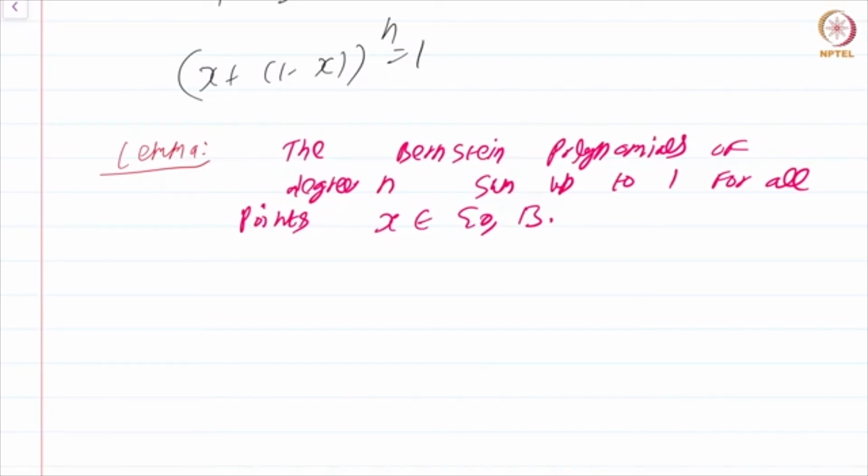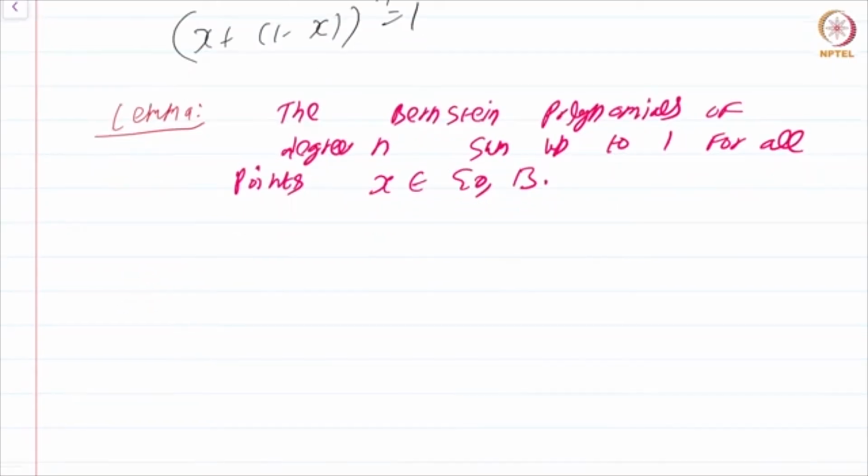Okay, so what you do is the following. Fix k in the natural numbers. What we are now going to do is use probabilistic intuition to figure out what happens to b_{k,n}(k/n) as n approaches infinity.